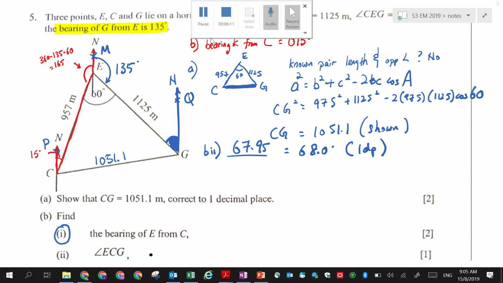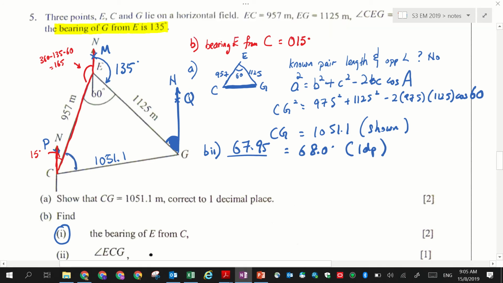Part 2, ECG. Since you already have 3 sides, you just apply sine rule. So you can write sine A over here is equals to sine 60 over 1051. Remember sine rule? Sine angle ECG over 1125.